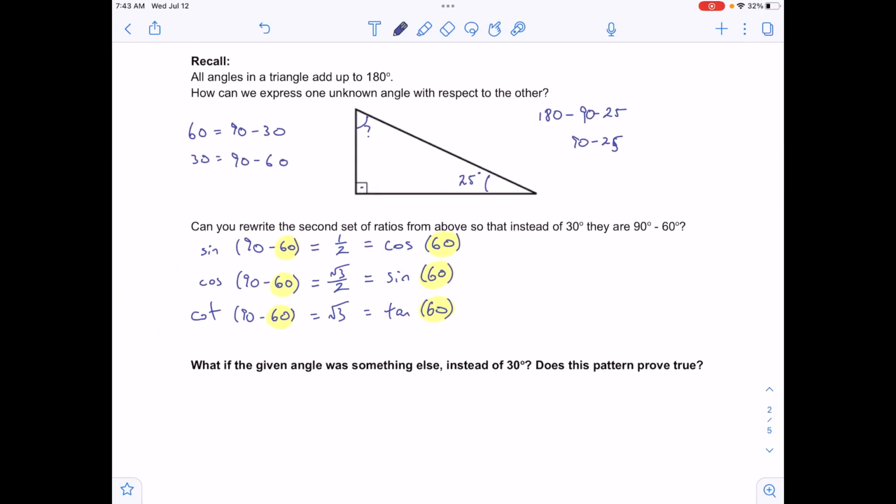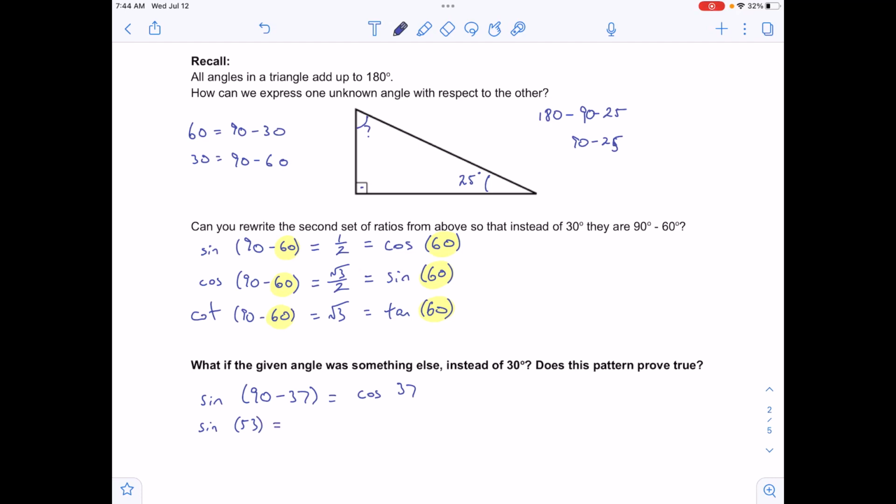Let's say instead of doing 30 or 60, let's do 37. I'm going to say sine of 90 minus 37. Let's see if that's going to be equal to cosine of 37. So I'm going to take my calculator. Sine of 90 minus 37. Well, 90 minus 37 is 53.